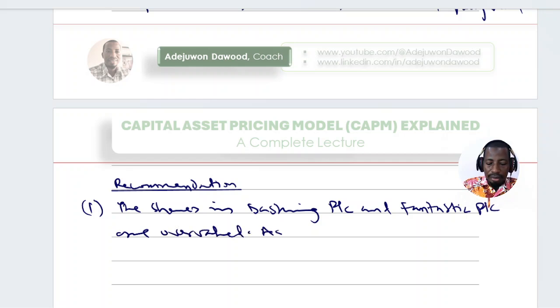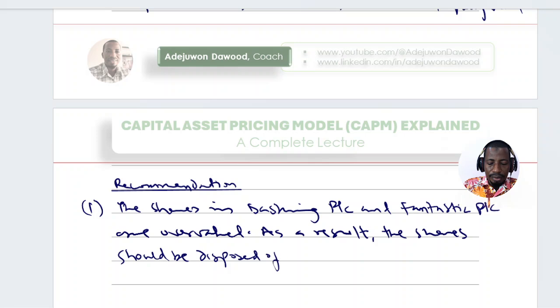As a result, the shares should be disposed of. So it should be sold. You sell it off because they are already overvalued.